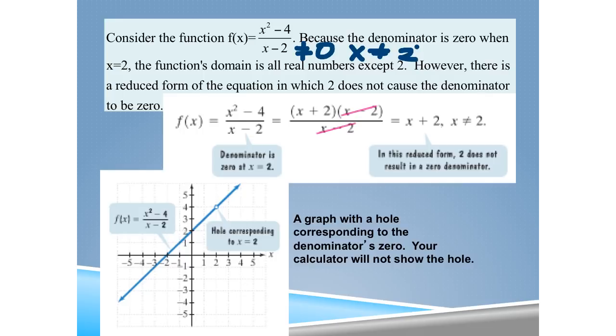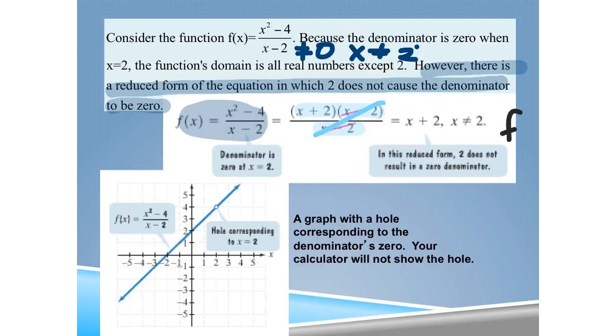But this time it says, however, there's a reduced form of the equation in which 2 does not cause the denominator to be 0. If I were to take that initial function and factor my numerator, x squared minus 4 would result in x plus 2 and x minus 2. When that's put over x minus 2, there's a way to simplify this function by canceling those out, and I end up with just f of x equals x plus 2.